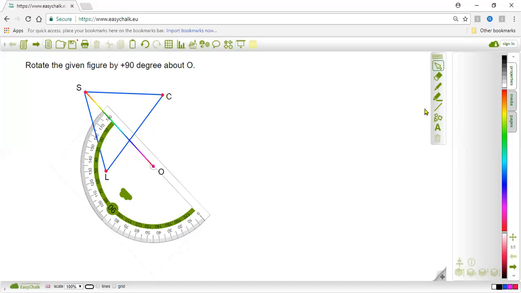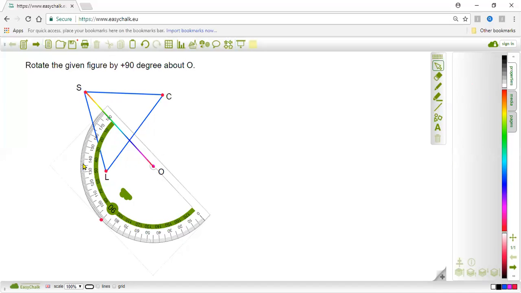Let me first mark the 90 degree point. Here this is the point of 90 degrees, and the direction is anti-clockwise, which is our required direction.